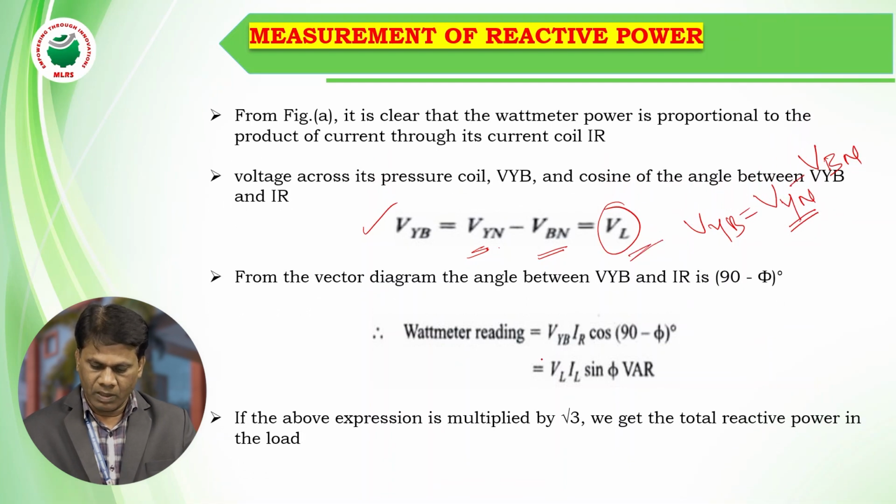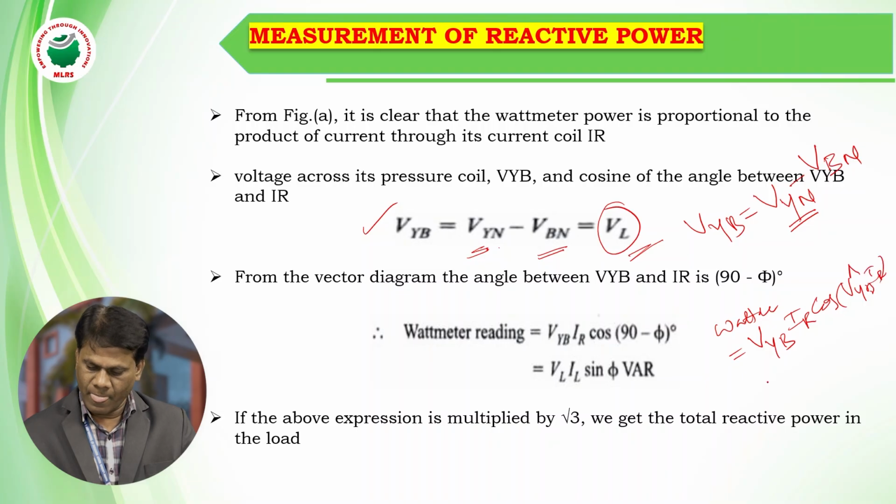The wattmeter reading is given by the voltage VYB times the current IR times the cosine of the angle between VYB and IR.